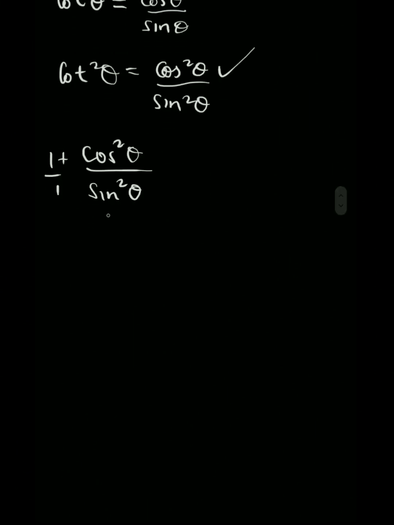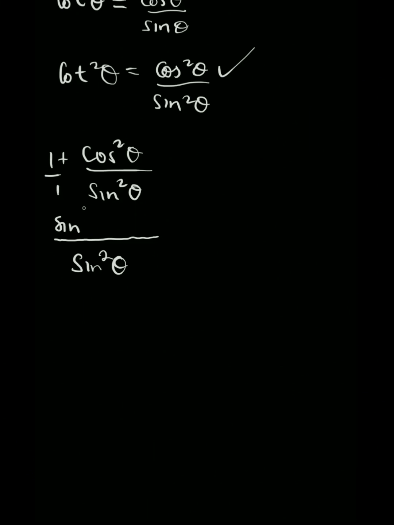So where we have to write it as a single fraction, that is simply by first finding the lowest common multiple, or rather the common denominator, which in this case is sine squared theta. So now we'll simply say that 1 into sine squared gives us sine squared, then multiplied with 1.